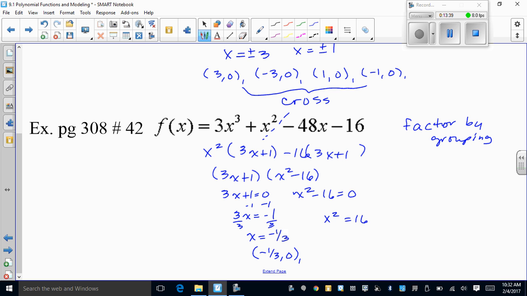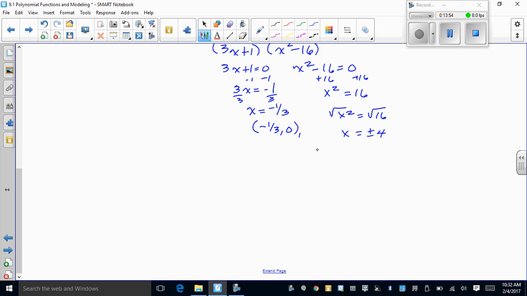Square root both sides, and you get x equals plus or minus 4, which gives you values here of (4, 0) and (-4, 0). All of these three cross the x-axis.